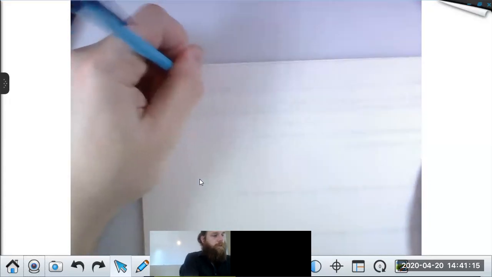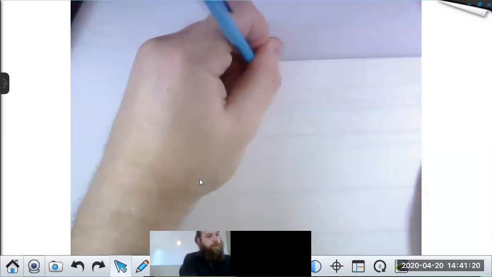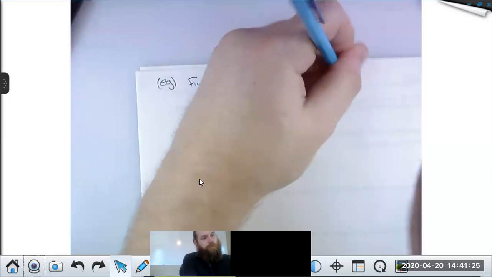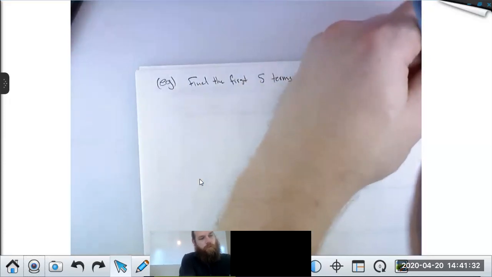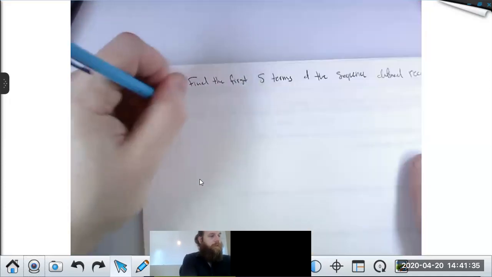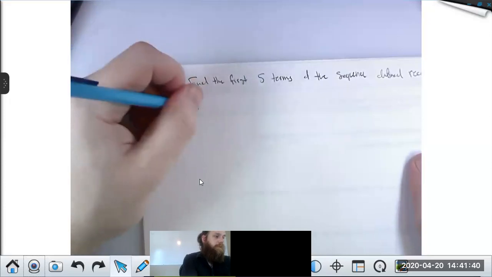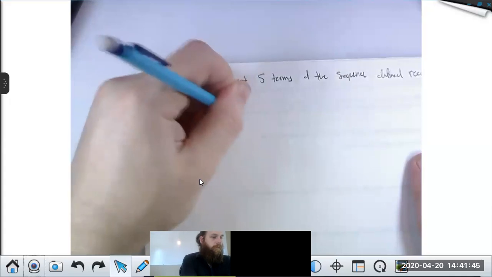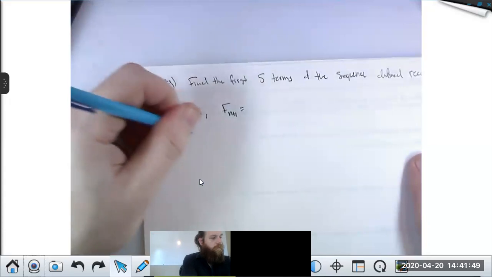So find the first 5 terms of the sequence defined recursively as, I'll call this capital F. So capital F0 is 1, and we also need F1, yeah, F1 is 1.